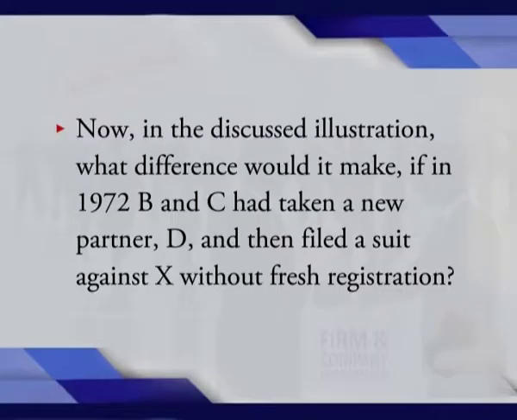Now, in the discussed illustration, what difference would it make if in 1972 B and C had taken a new partner D and then filed a suit against X without fresh registration? Where a new partner is introduced, the fact is to be notified under section 63 subsection 1 of the Act to the registrar, who shall make a record of the notice in the entry relating to the firm in the register of firms.